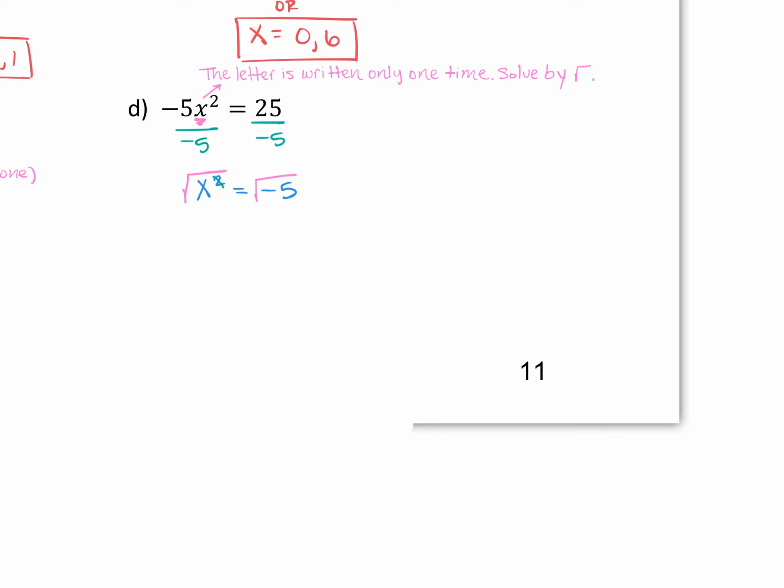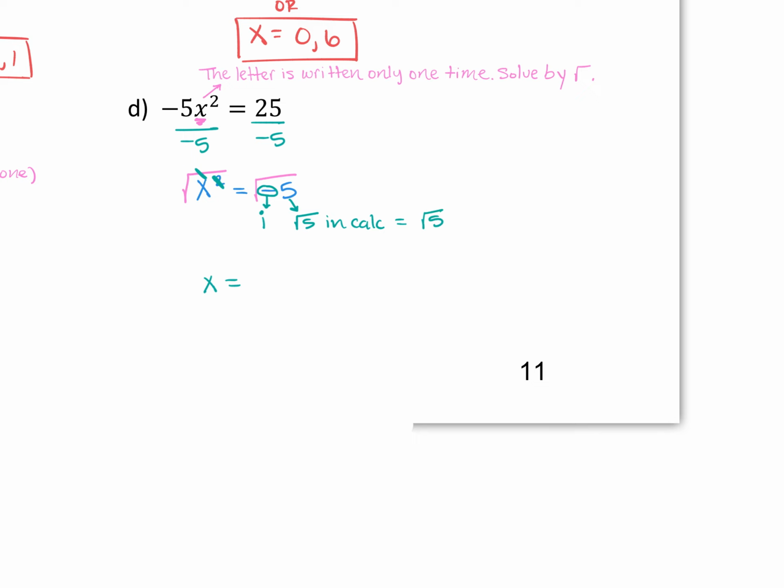The power of 2 and the square root undo each other, leaving us with x equals. Remember that the negative underneath the square root is an i. And then the 5, you can put the square root of 5 in your calculator, and it will give you square root of 5.